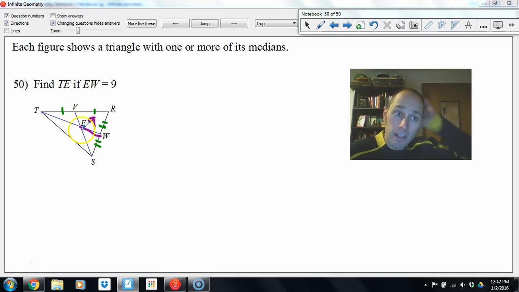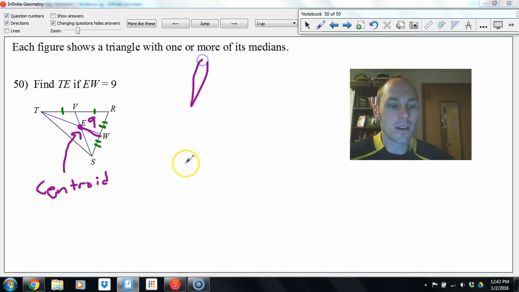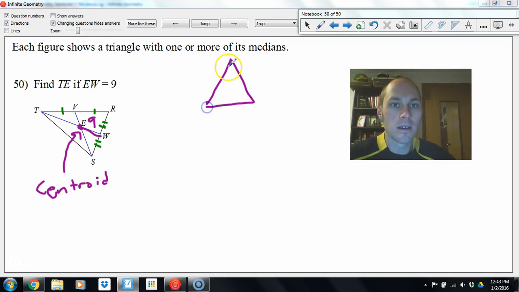Well, keep in mind that point E is the centroid. The point where the medians meet in the triangle is known as the centroid. It has that special relationship. So we know in the triangle that centroid, the point where all those medians meet, we have that special relationship.